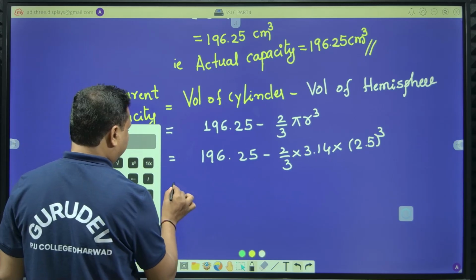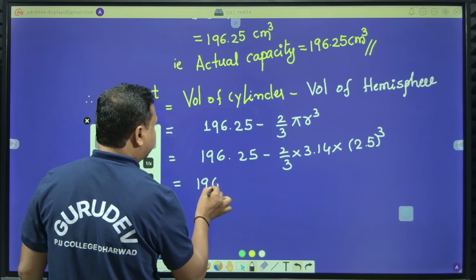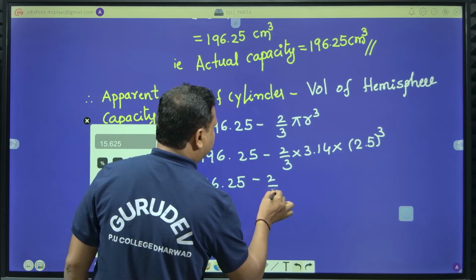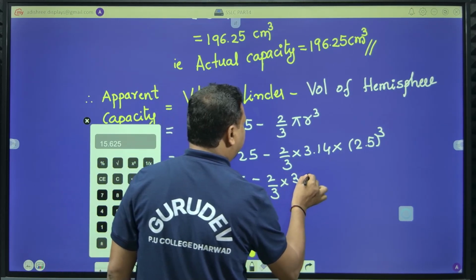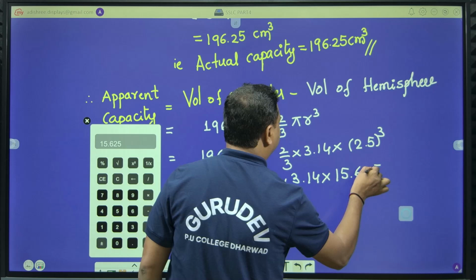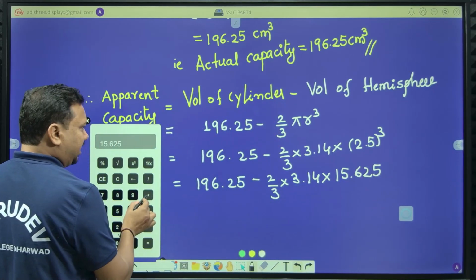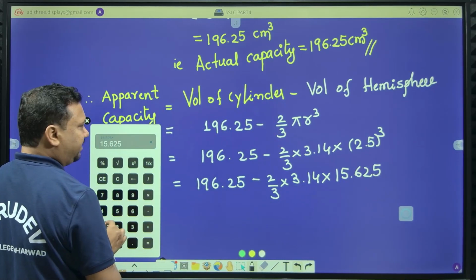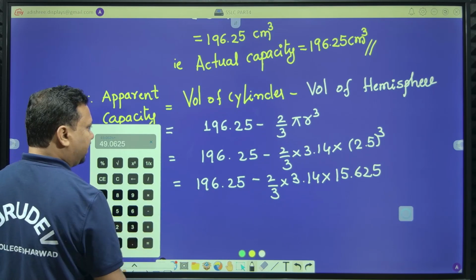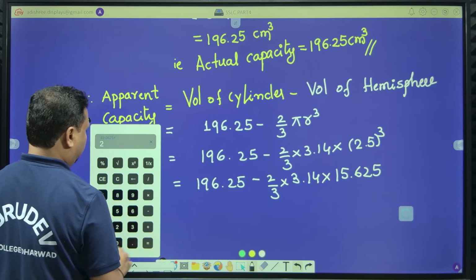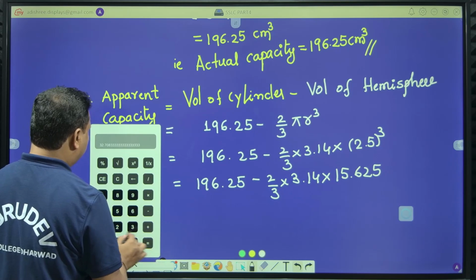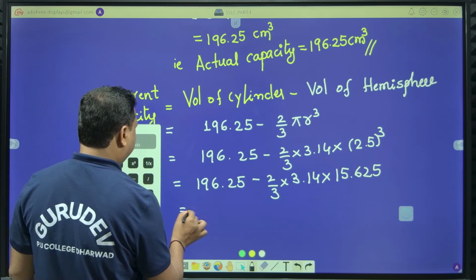Okay. 196.25 minus 2 by 3 into 3.14 into 15.625. Done. Then 3.14 multiplied by 2 and divided by 3 should be equal to 32.